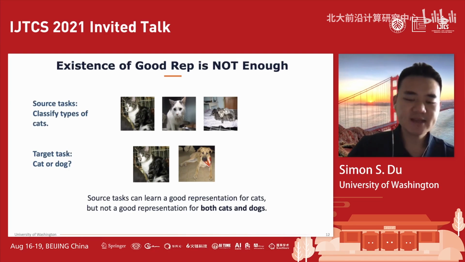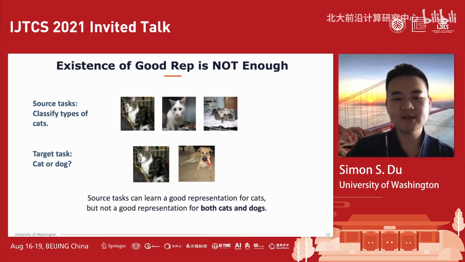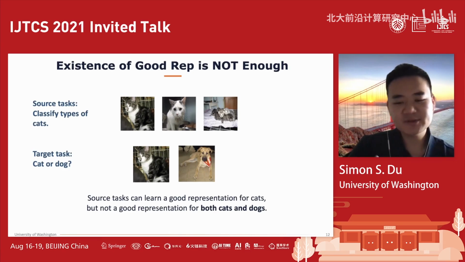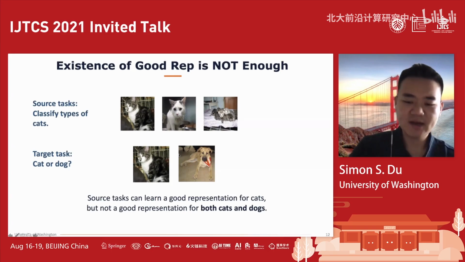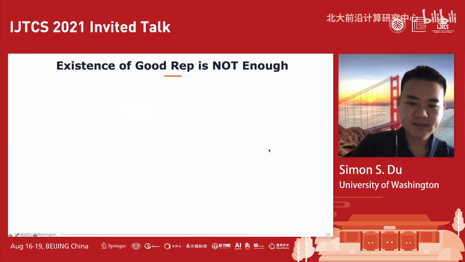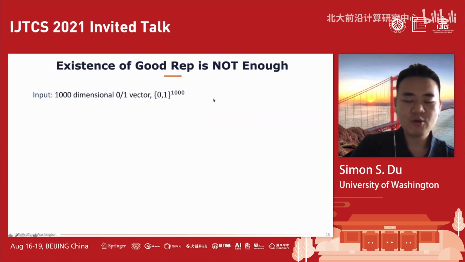However, in the second task, you need a good representation for both cats and dogs. Your representation is only good for cats, not for dogs. So the learned representation may not be very helpful in the second target task. Although there might exist one good representation that's good for both cat and dog, you may not identify that one.